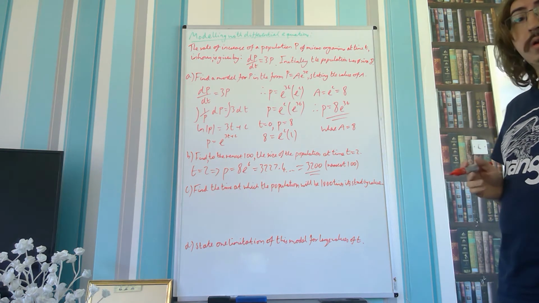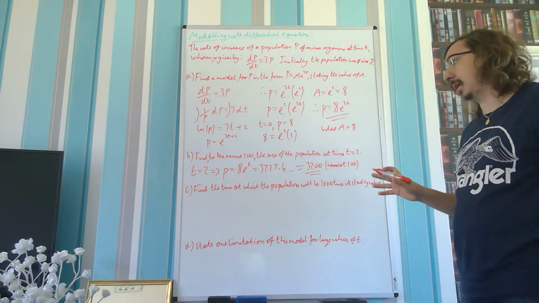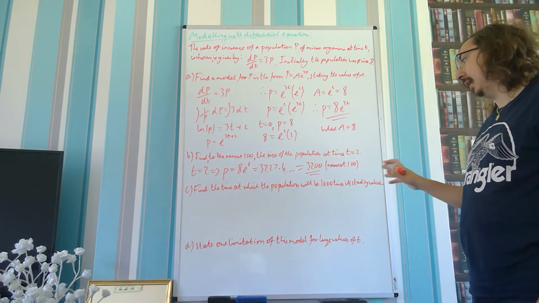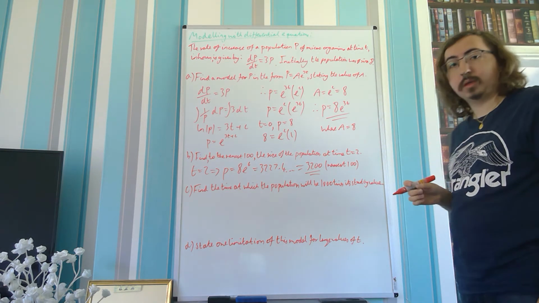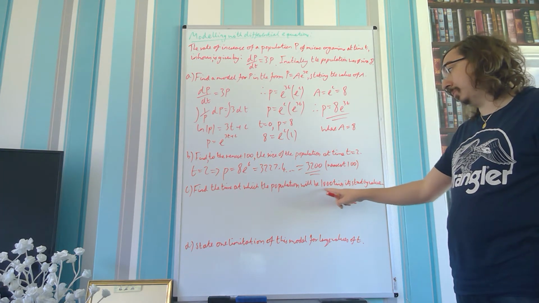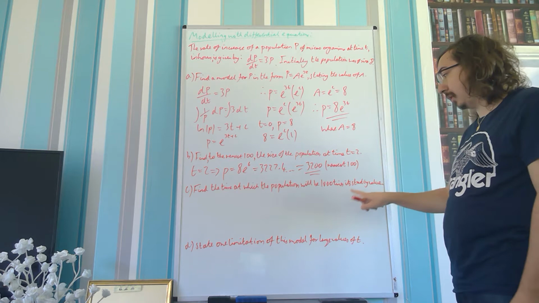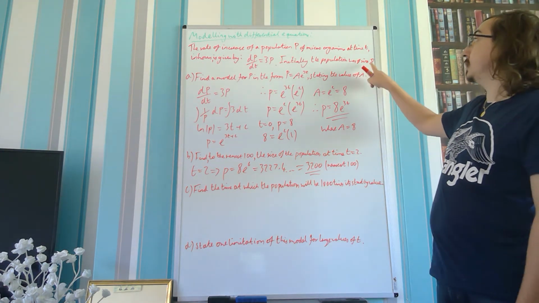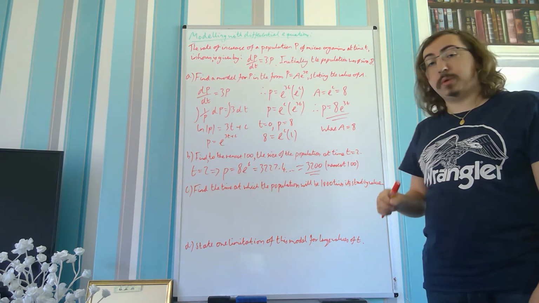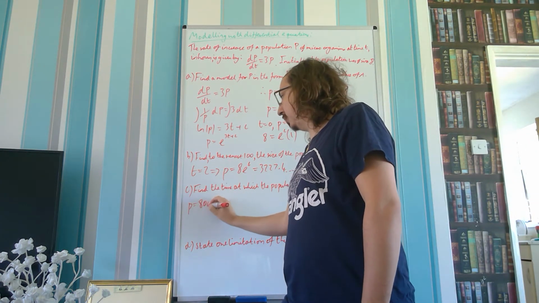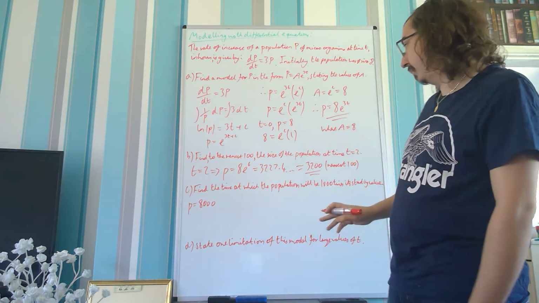Part C is going to require a little bit more work. It says find the time at which the population will be 1,000 times its starting value. So you've got to be careful with this, because it's not saying when the population will be 1,000, it's 1,000 times its starting value. In other words, as the starting size is 8, we are looking for when our population is equal to 8,000.